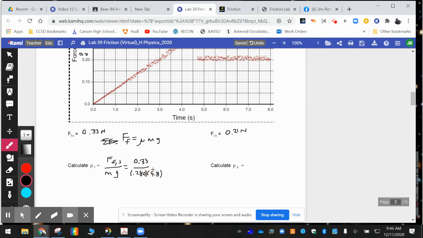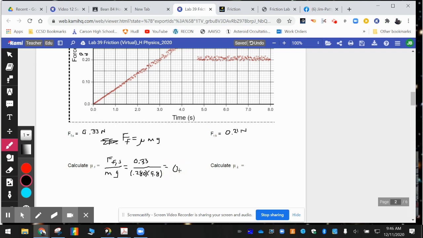So I think this is within everybody's skill set. If you can do the sine and cosine and unit circle, you can definitely do this. So 0.33 divided by 0.28 times 9.8 equals about 0.12.